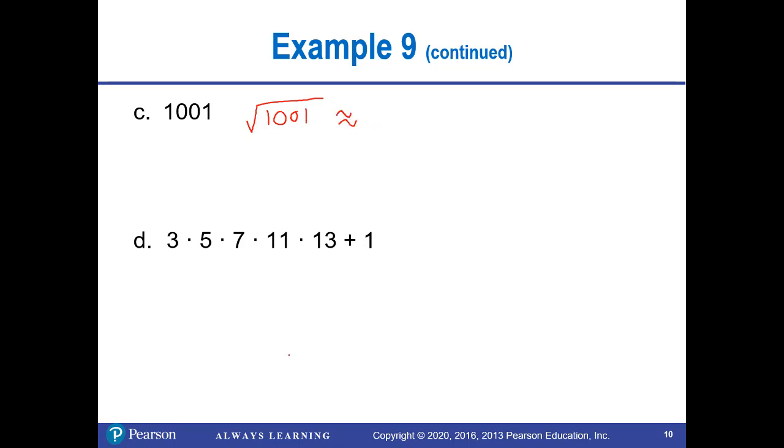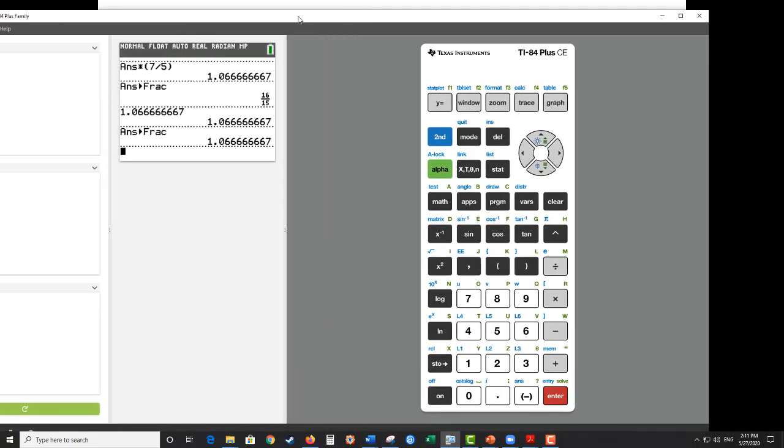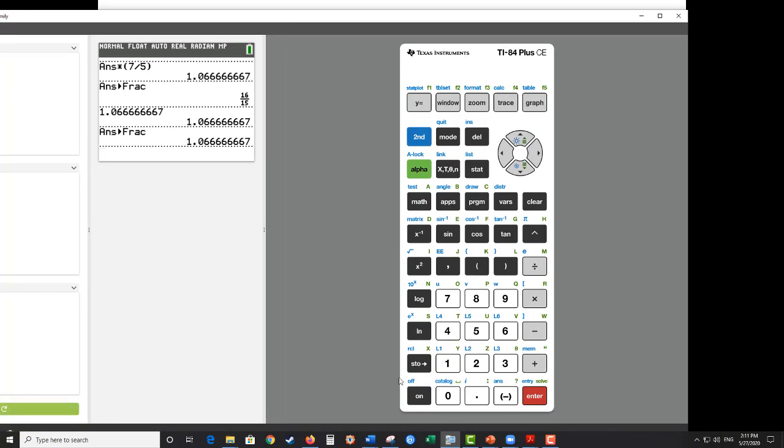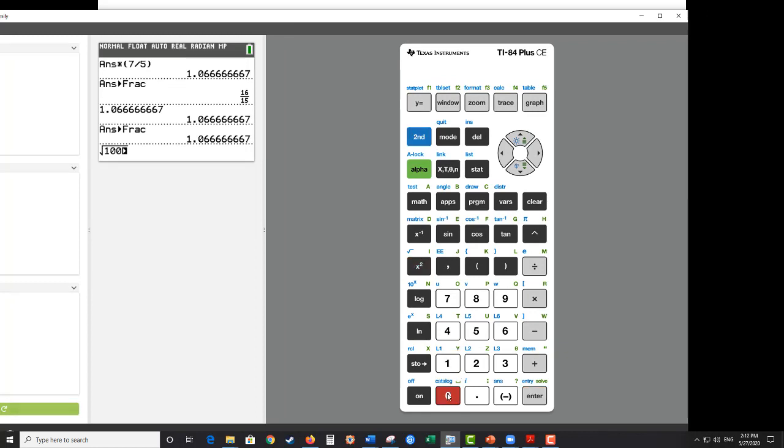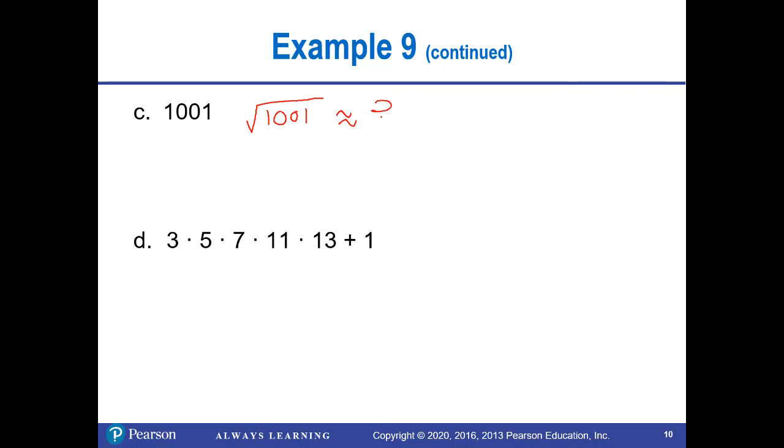And so I'm going to move my calculator over here, and I'm going to find the square root of 1001. And I see that it's approximately 31 and a bit. So I'm just going to round it to whatever the smallest number close to it is.